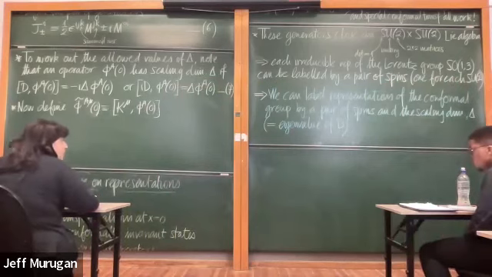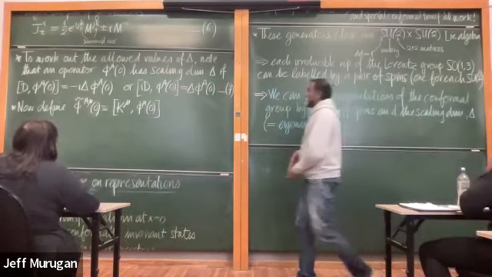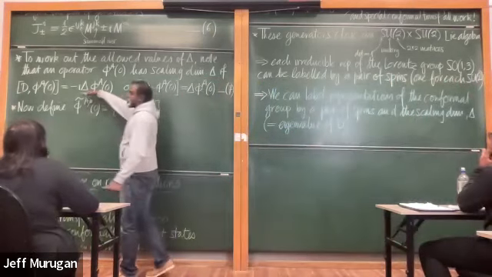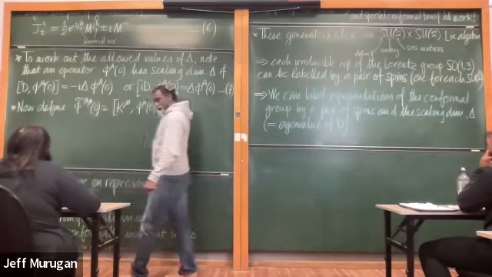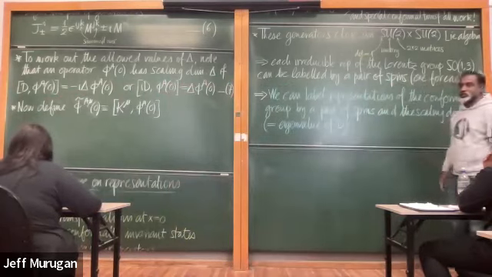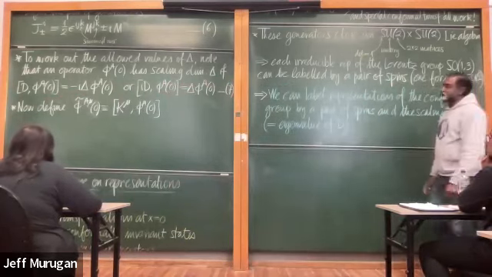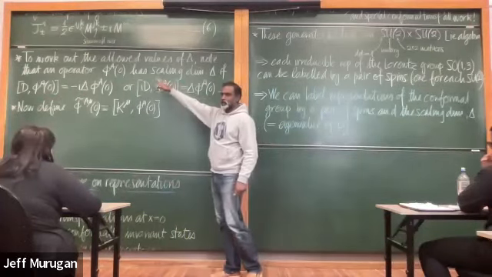So again, I have some operator phi A, right? And I'm telling you that this operator phi A has scaling dimension delta, which means that it satisfies this equation. Okay, its eigenvalue with respect to the dilatation operator is delta. And of course, I'm kind of confusing notation here. I can always move the I around.